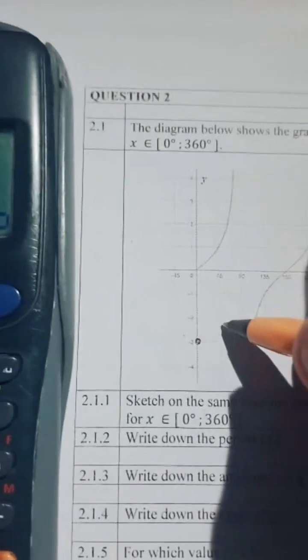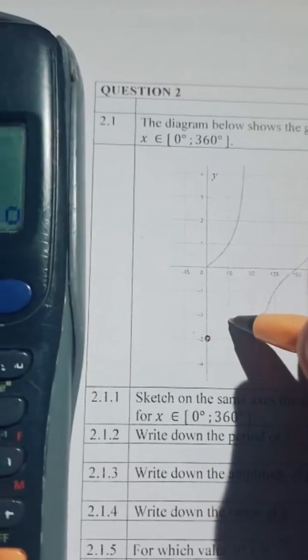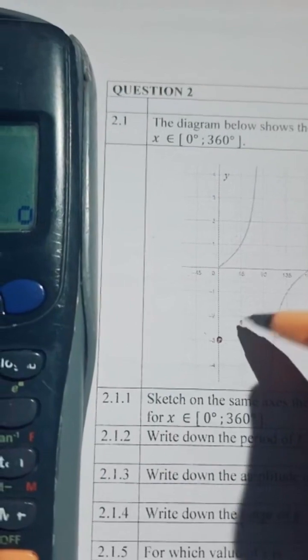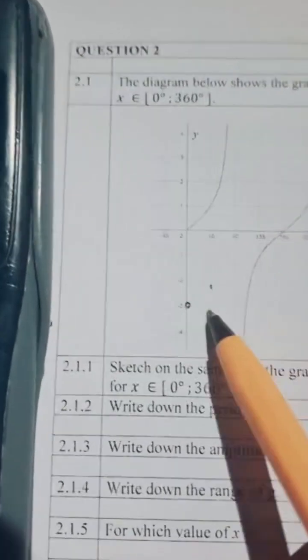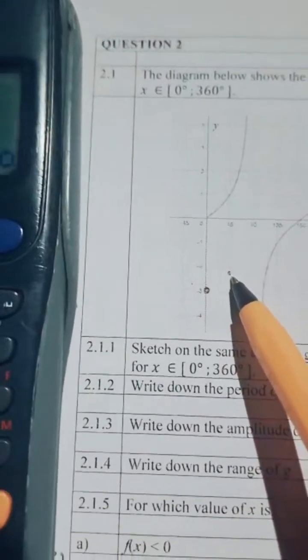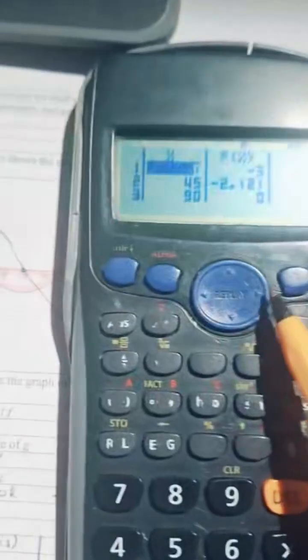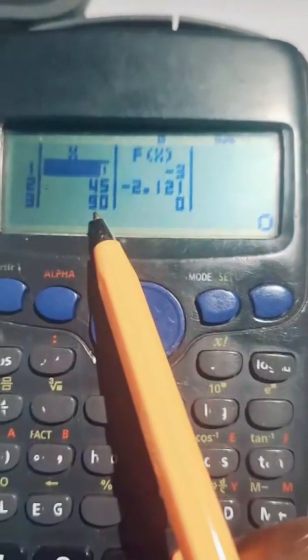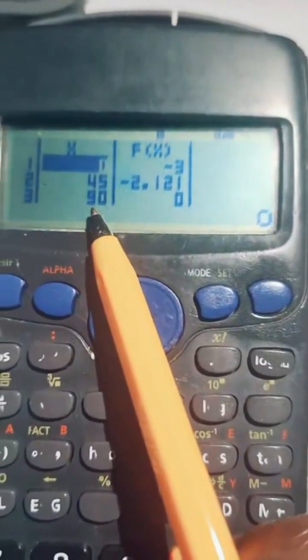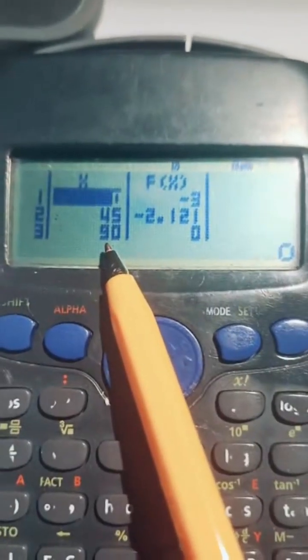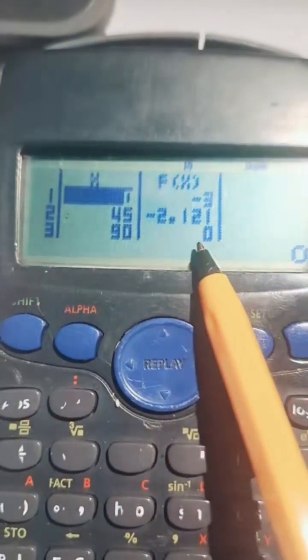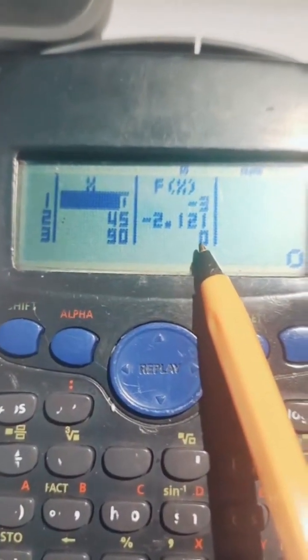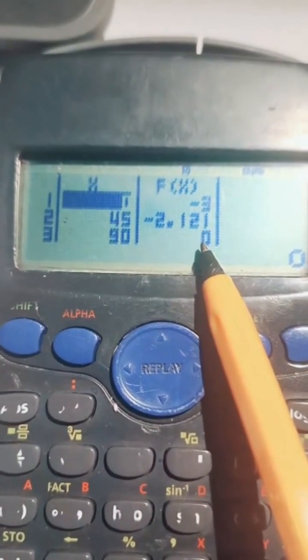So I feel like this line is 2,1, so I'm going to place that point just a little bit below 2,1. That's the point. X is 90. The y value here is going to be 0.